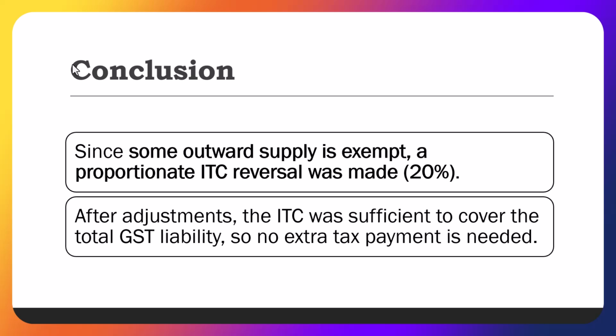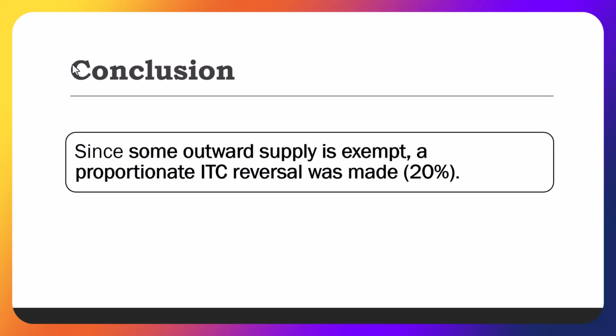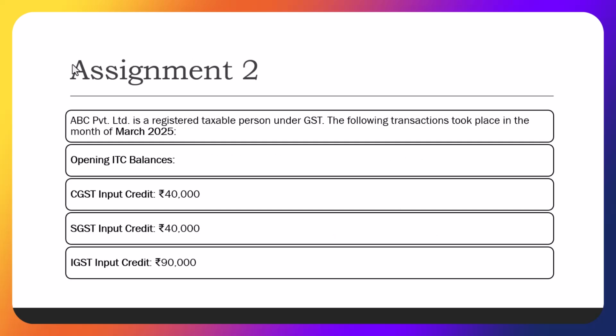So we found that nothing was payable because he had enough ITC credit available, and even after taking the benefit, he still has some balance left on account of CGST and IGST. You can take this balance forward to the next month. But whatever he has reversed, that balance he cannot take. Only the balance after the reversal, which still remains, he can take forward for the next month's output supply.